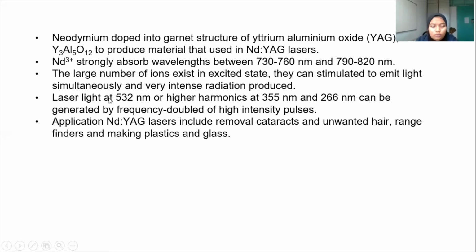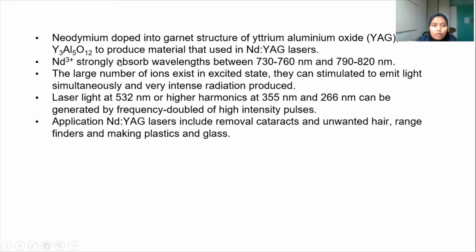Okay, so next is about lasers. Neodymium doped into the garnet structure of yttrium aluminum oxide, which we call YAG, Y3Al5O12, produces the material used in neodymium yttrium aluminum oxide lasers.